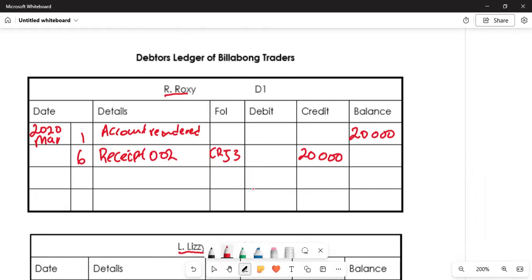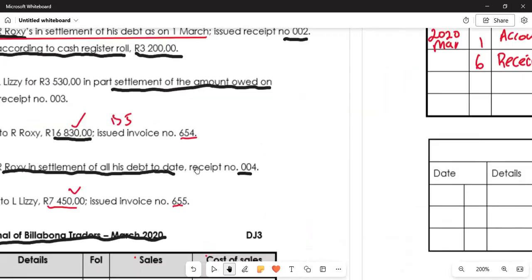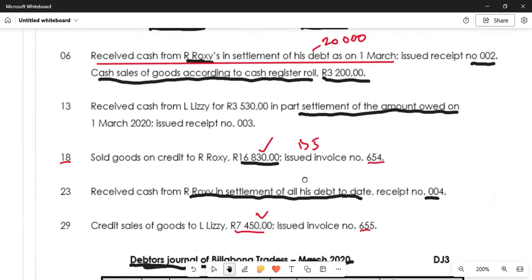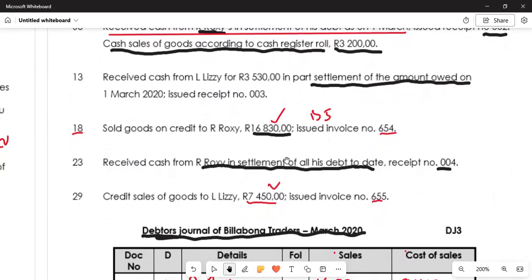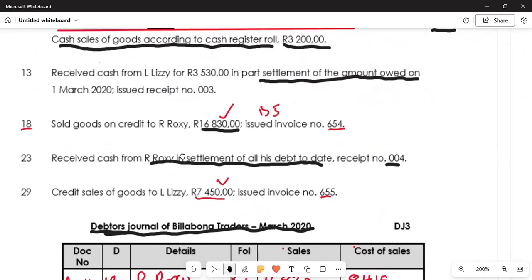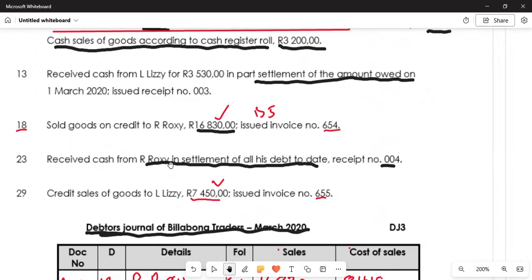So that is that. Now we are moving on to see what is going to affect the debtors ledger under our debtor 1, which is Roxy. We can see now on the 18th, we sold goods on credit to Roxy.